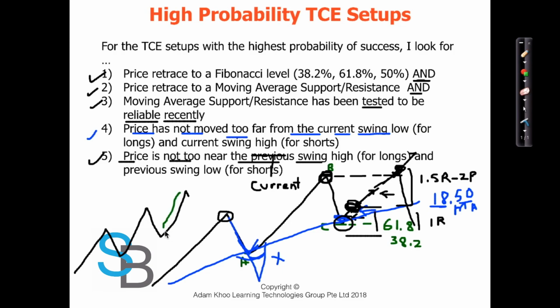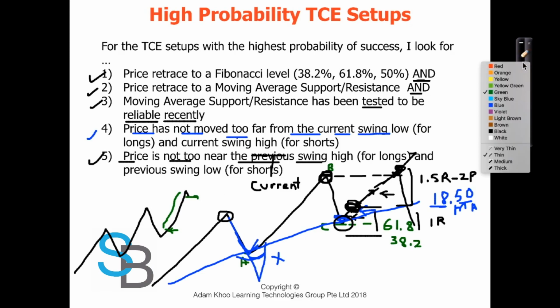So to capture as much as possible, we like to enter as close to the start of the new impulsive wave and to exit here before the end of the impulsive wave, before it goes down again.